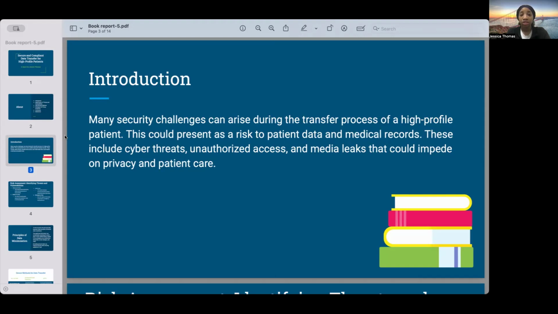Some of the challenges that could arise include the cyber threats, data breaches, unauthorized access, and data leaks to the media that could impede on the patient's privacy and also impact the level of patient care that is received.